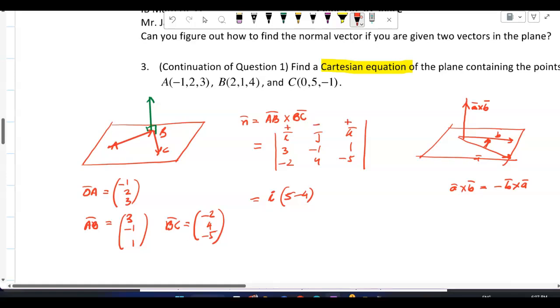Minus j. Now for j, you'll do this minus this. So 5 3s are negative 15 plus 2. Plus k times 4 3s are 12 minus 2.